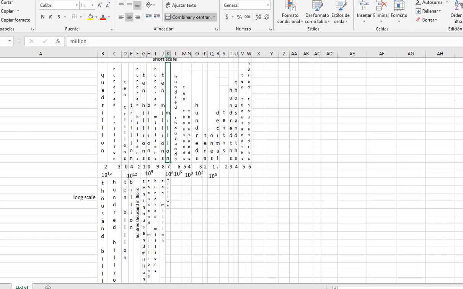Till here is the same. The scales is not going to change. And the difference starts here. Well, actually, till here is the same. 10 millions, 10 millions in the short and the long scale. It's the same.